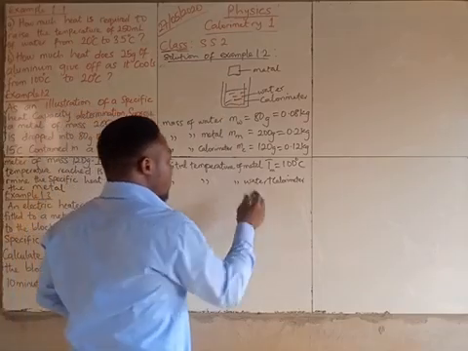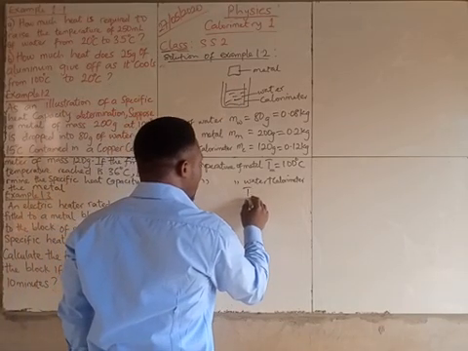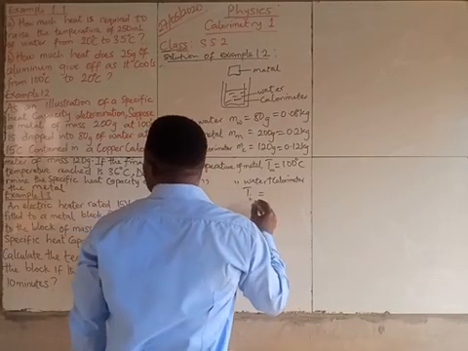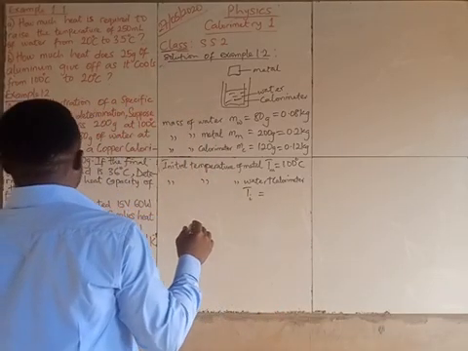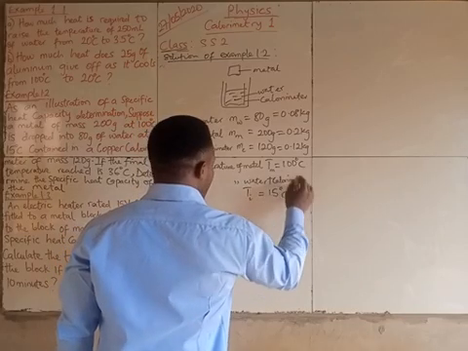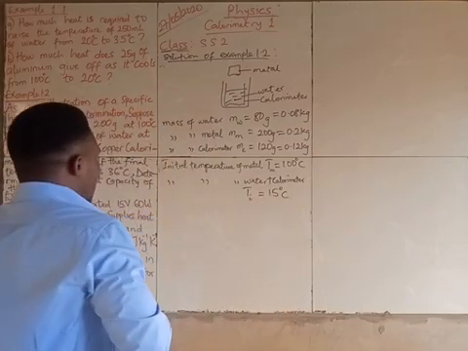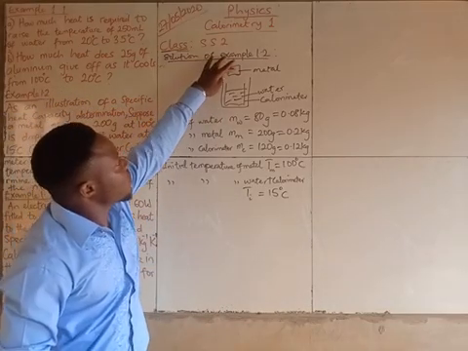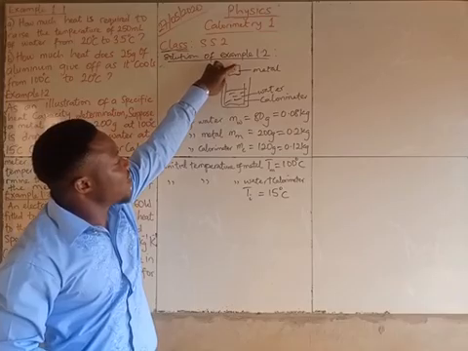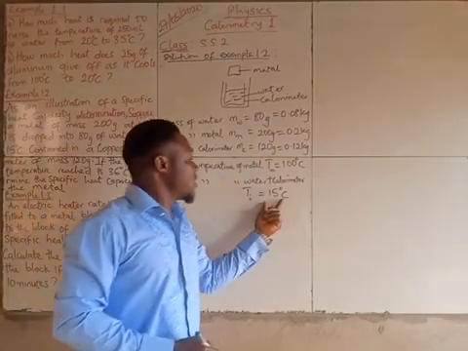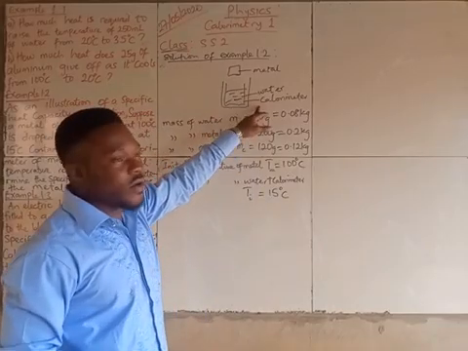Let's call it T initial for both of them, and we're given that temperature to be 15 degrees Celsius. And let's analyze that. We can notice that this metal was initially very hot, 100 degrees Celsius, hotter than the temperature of water and the calorimeter.